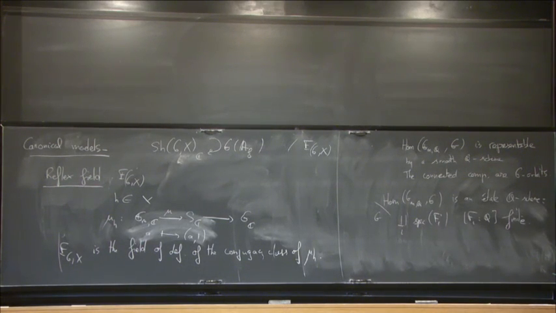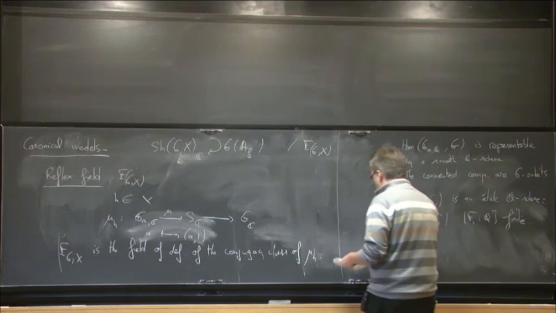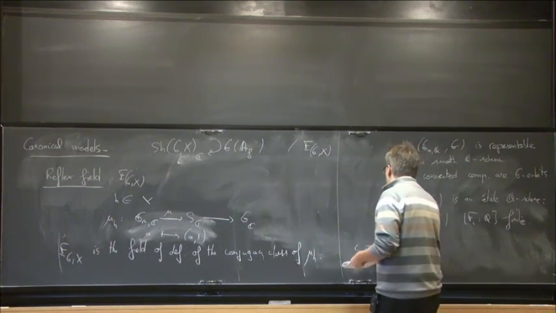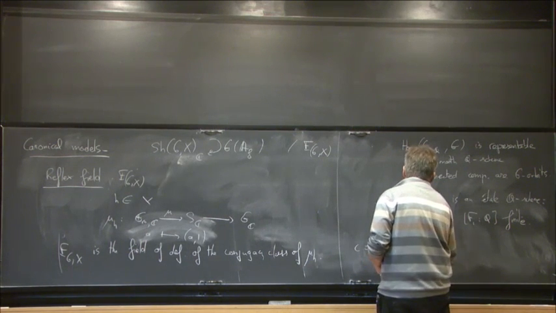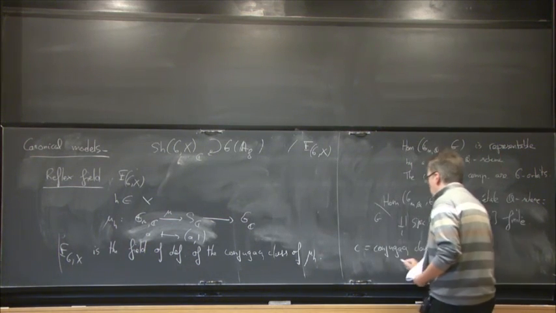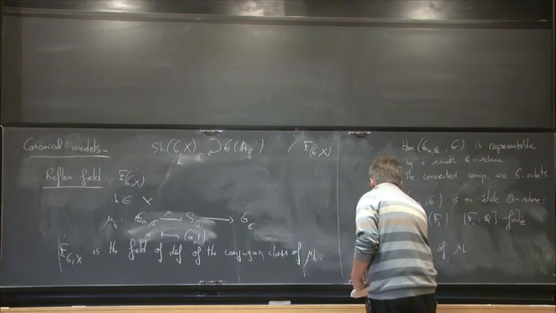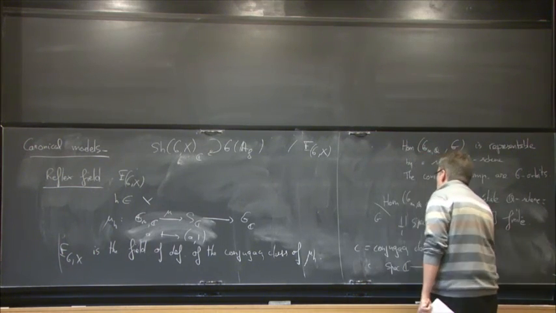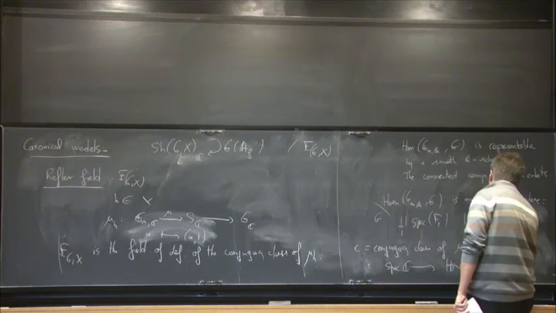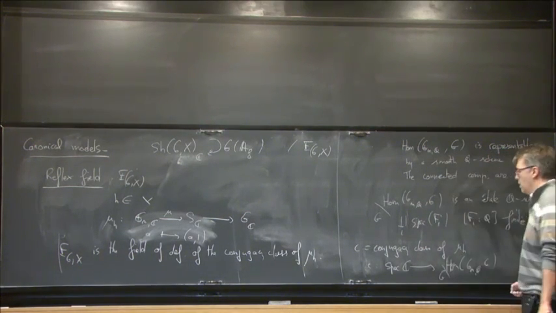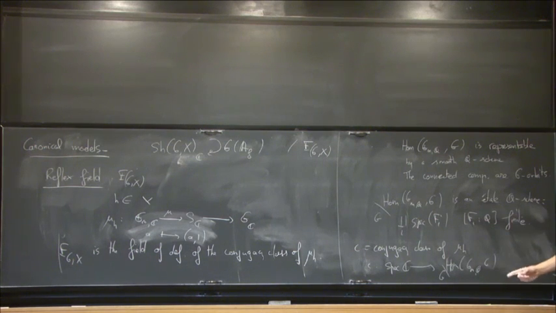Okay? And so now look at this guy. Let's call C the conjugacy class of mu_h. So this is a point. So C is a point of this variety. So this is a map from Spec C to this guy. Okay. So E is just the residue field of that point.